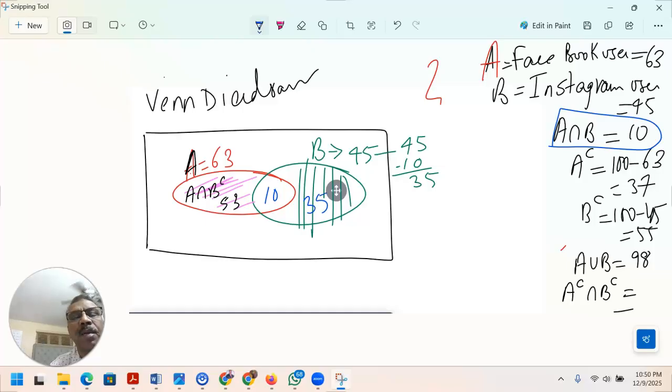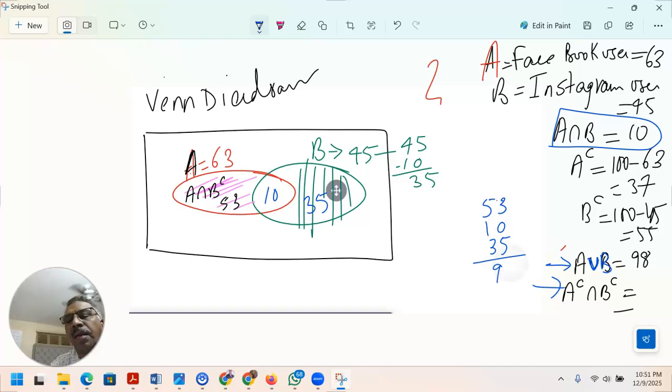Okay, so be careful. Now I'm asking how many students use neither. How did we get this piece? 53 are the students who use only Facebook, 10 students use both, and 35 use only Instagram.